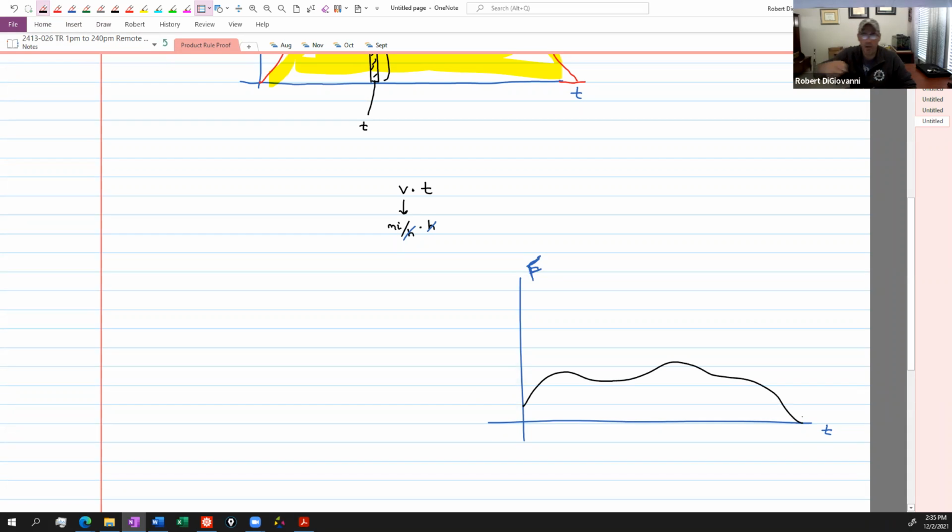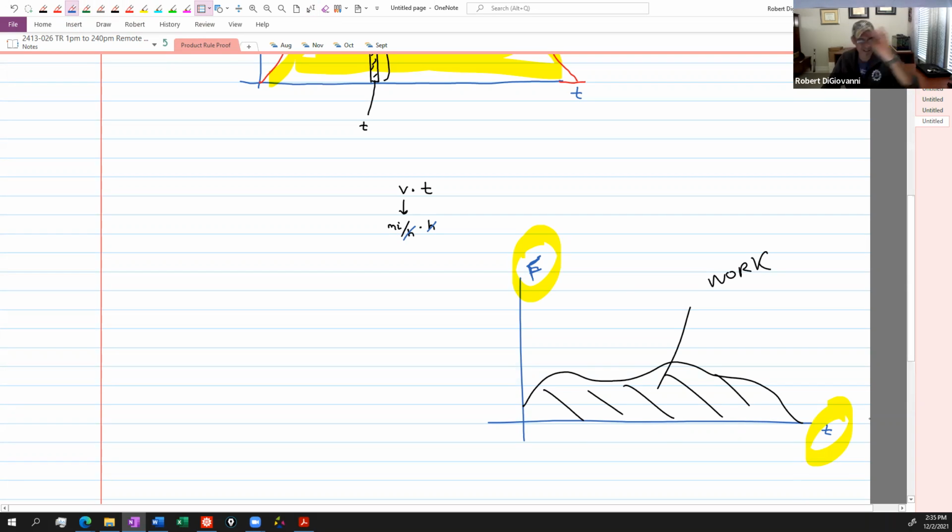The area under this would represent work, the amount of work you did. It would be basically this unit times this unit, force times time, or sorry, distance is what I meant to say. It doesn't matter. There's a lot of different things you can do.